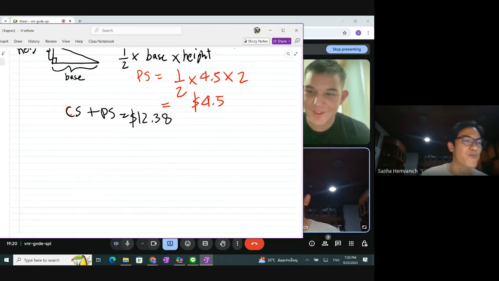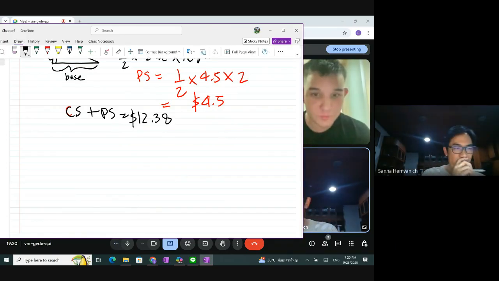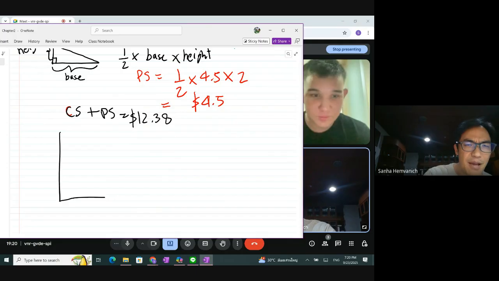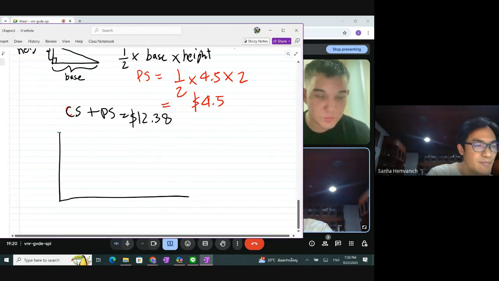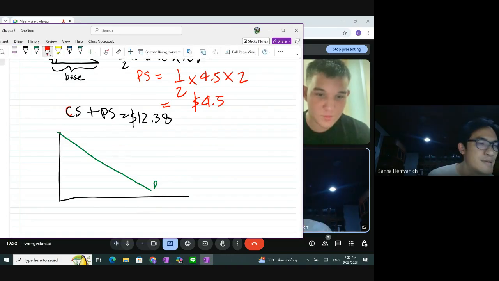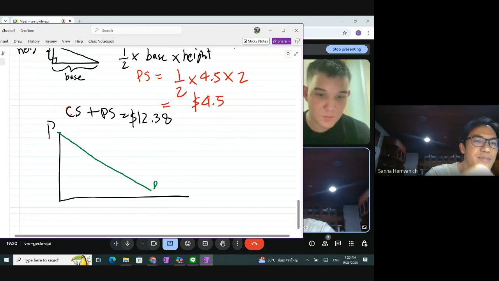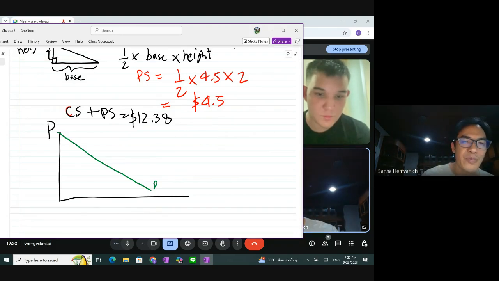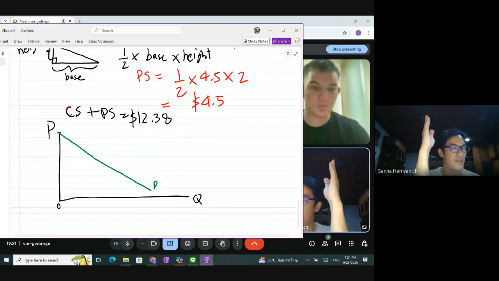Anyway, so let's look at 2.18. This is when it becomes slightly more difficult, but not too bad. We now have demand like this, and then we have the supply. Intercept means the intersection between the graph and the y or vertical axis.